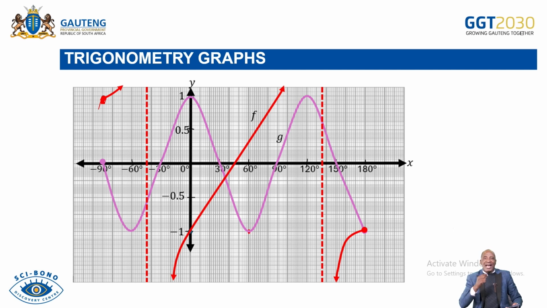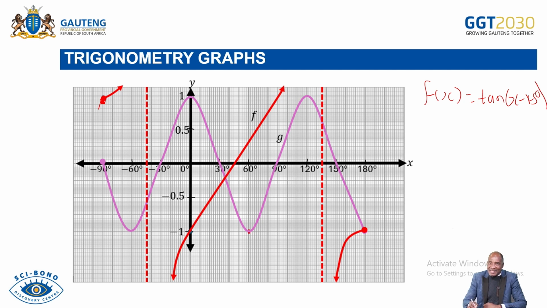So the question is, how do I identify lines of asymptotes? You will remember the standard period in tan is 180 degrees. So we're saying our f of x is equal to tan of x minus 45 degrees.